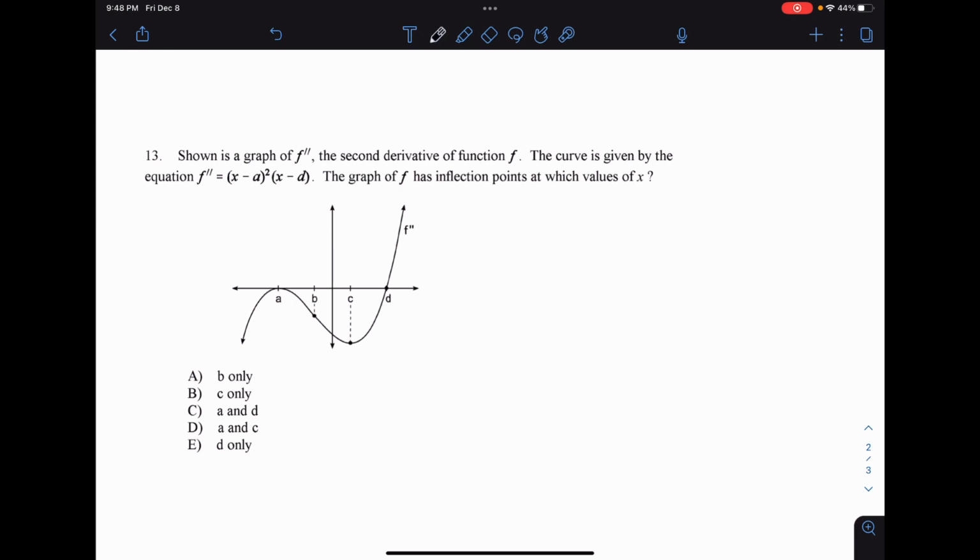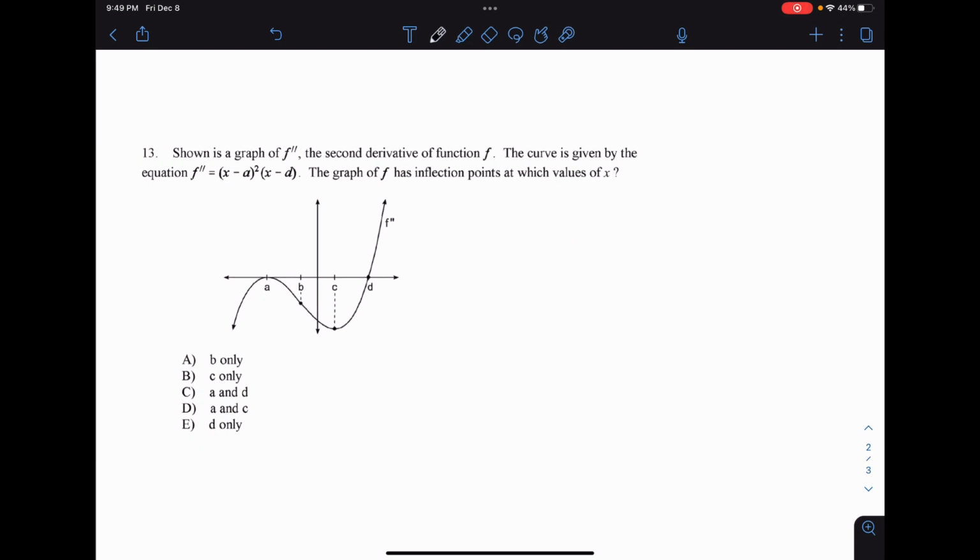So what is an inflection point? An inflection point is where the concavity of the graph changes from concave up or concave down to the other one. So what does that mean? Well, if I have a graph and I'm graphing like this, this part is concave down.